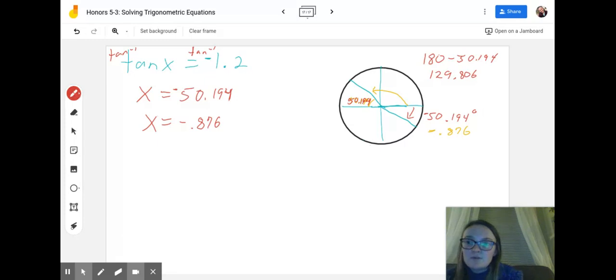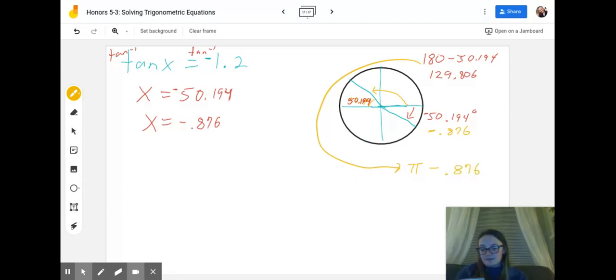So in yellow, I'm going to do this in radians. Same process. What is 180 in radians? Well, 180 in radians is pi. So I'm going to say pi minus 0.876. Let me find out what that is. Pi minus 0.876, and I'm going to get 2.265 radians.